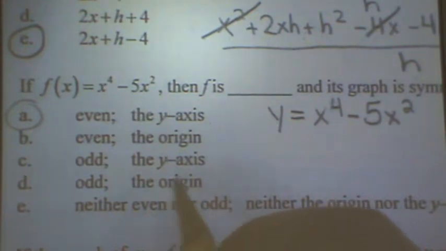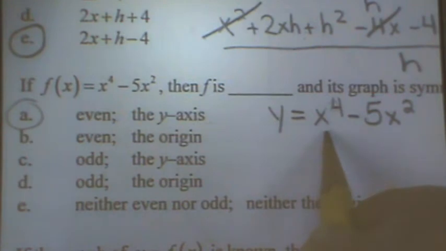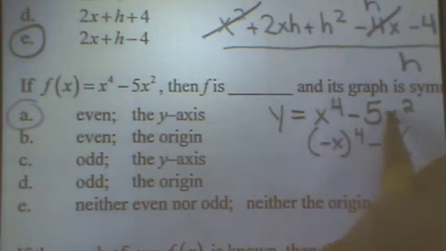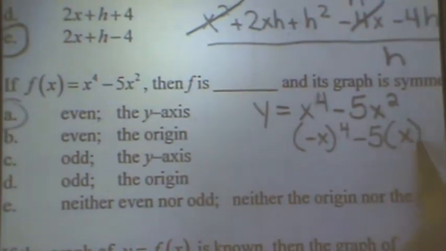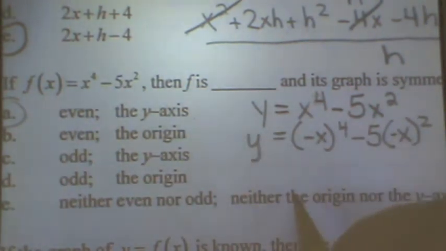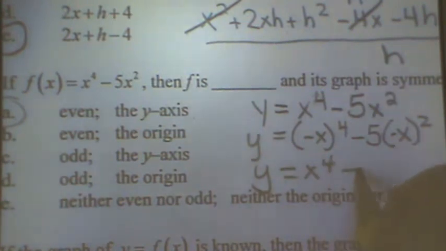So, you have to know what these terms mean. But if you were to replace x for negative x, because both of these x values have even powers, you will get this back to its original. So you would have y equals x to the fourth minus 5x squared.